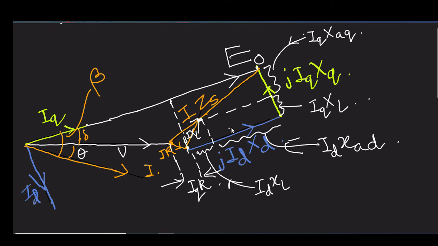Let me write what I am trying to say here: ZD is equal to R square plus XD square is the total thing, and ZQ is equal to R square plus XQ square.